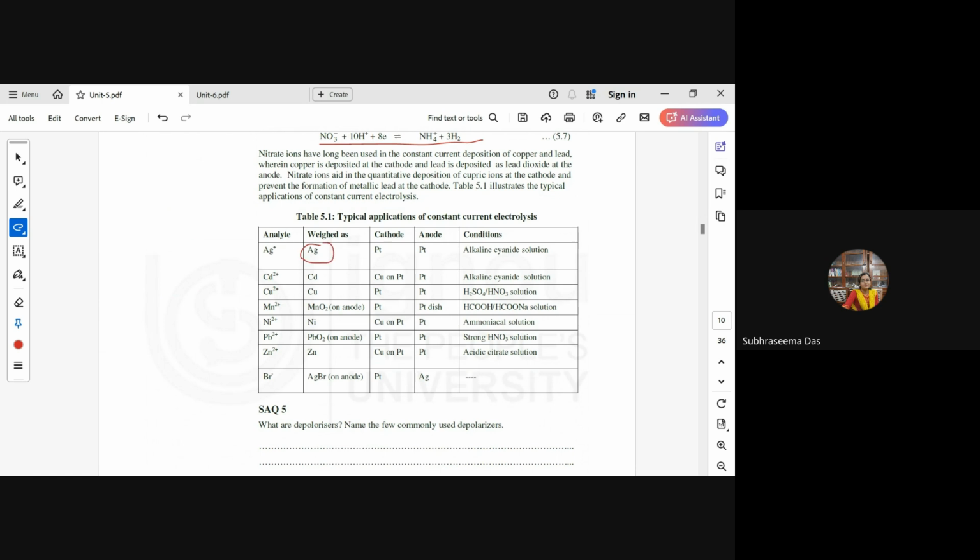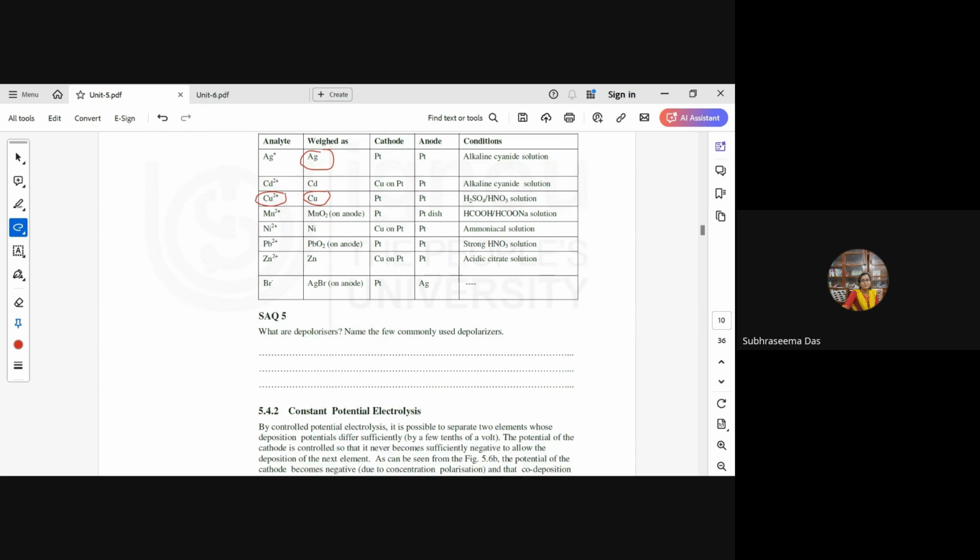Similarly, when Cu2+ is the analyte, with platinum electrodes and cell conditions including H2SO4 and HNO3 solution, the deposit made is copper. These are examples of various applications of constant current electrolysis that are commonly used.